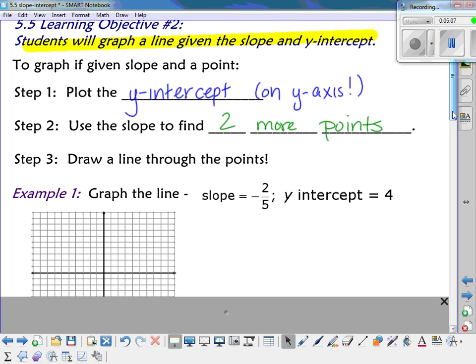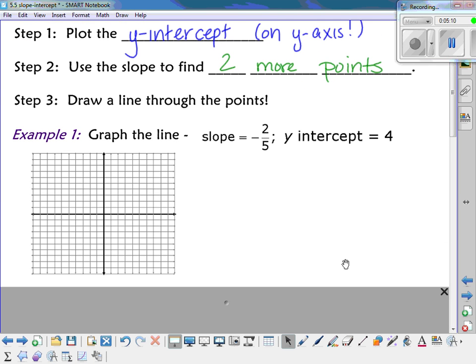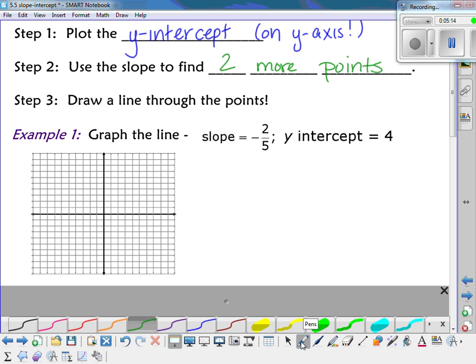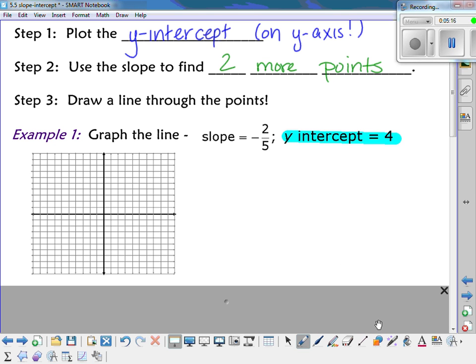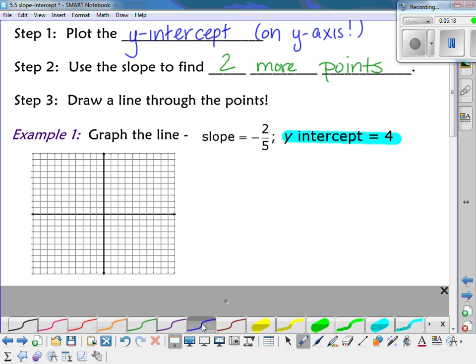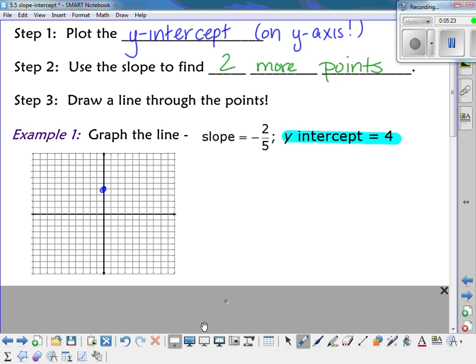Okay, so we are going to graph the line that has a slope of -2/5 and a y-intercept of 4. So where I start is on my y-intercept of 4 on the y-axis. So I go to a +4 on the y-axis. Then I'm going to use my slope. So slope, we recall, is rise over run. In this case, it's a -2 over +5. Remember, I told you guys to leave the bottom positive and always put the negative on top if it was negative.